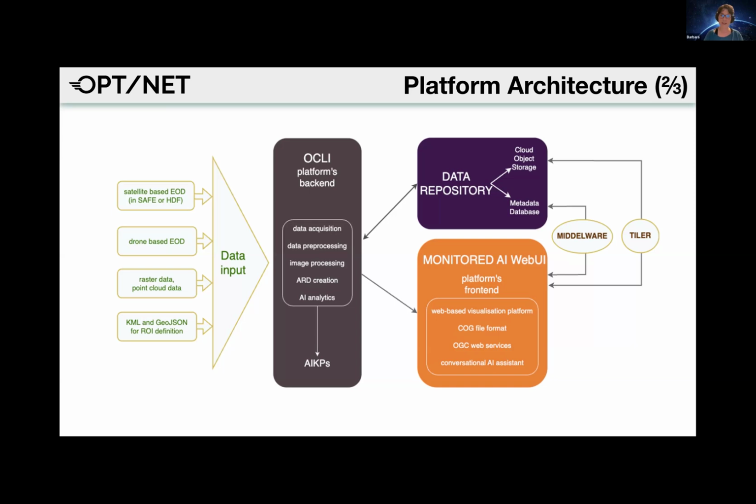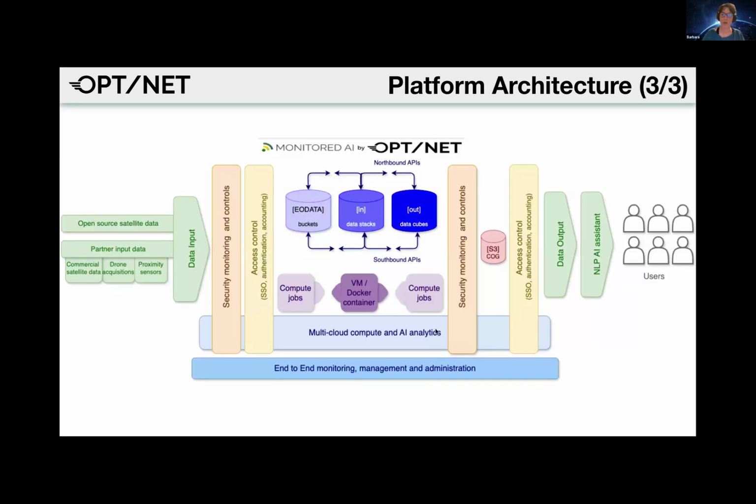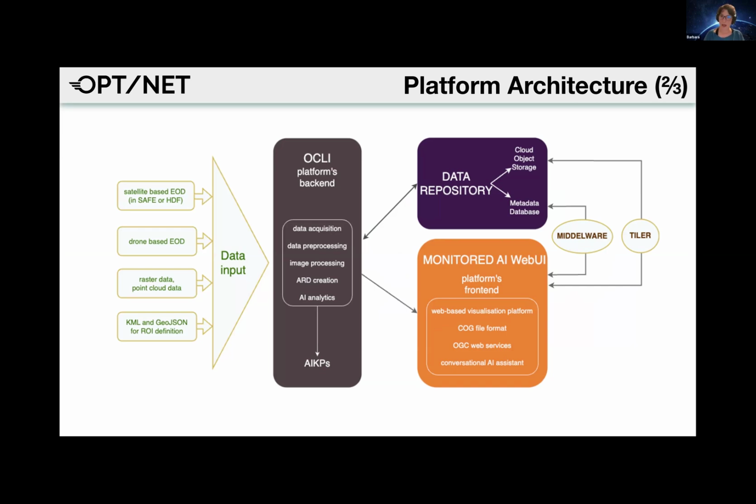The backend does everything from data acquisition, pre-processing, image processing, analysis-ready data creation, AI analytics, and publishing in these little packages that we call analysis-ready data, that we call AI knowledge packs. The backend then communicates with the data repository and the WebUI, and the data repository and the WebUI mutually communicate via middleware and tiler.